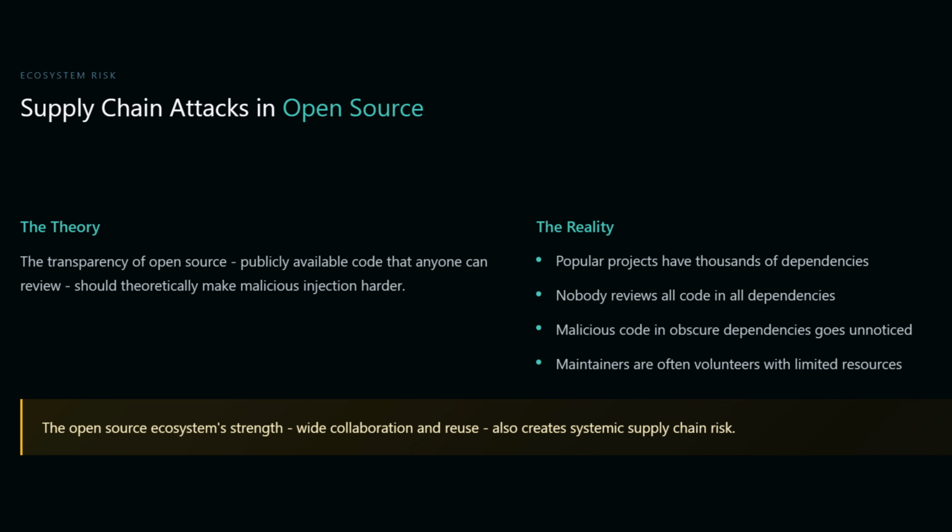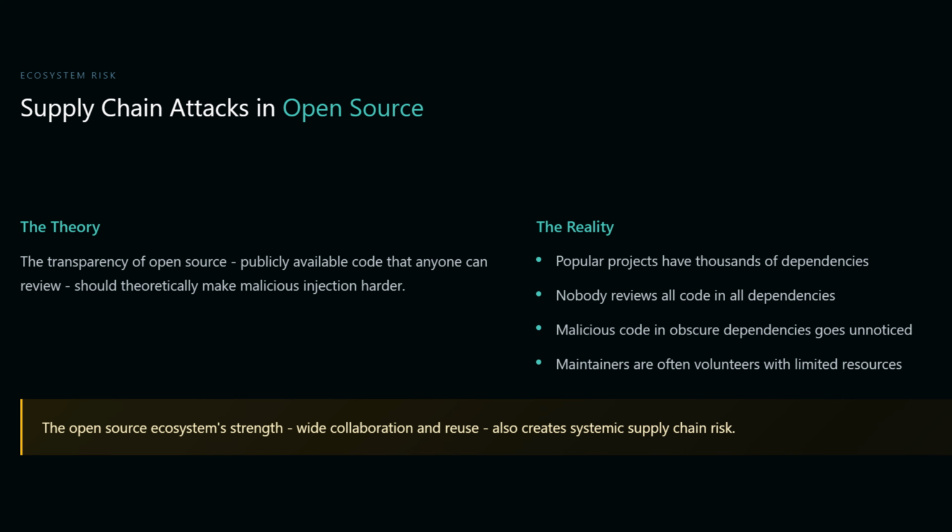Open source software presents unique supply chain challenges and opportunities for attackers. The transparency of open source, publicly available code that anyone can review, should theoretically make malicious injection harder, but the reality is more complex. Popular open source projects have thousands of dependencies.